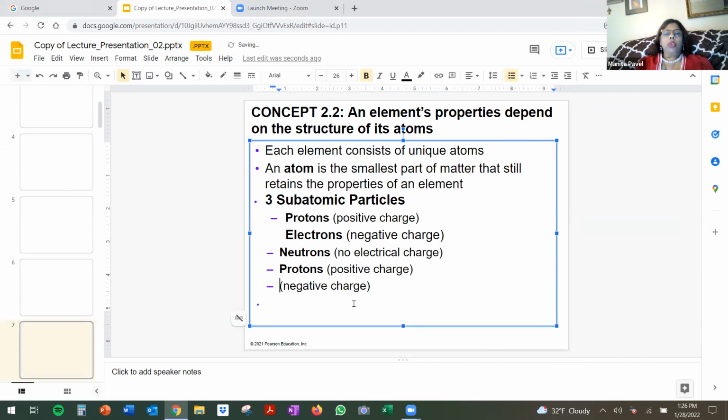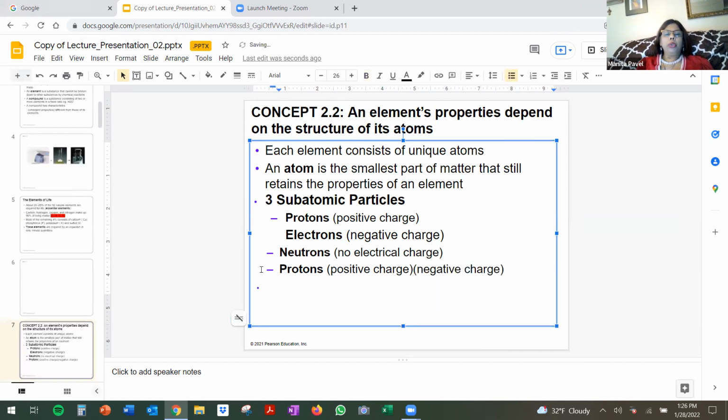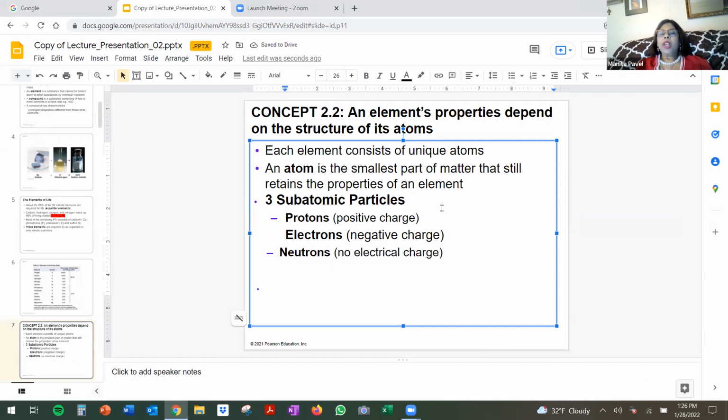I called it proton, electron, and neutron because I want to give you this acronym. I always teach with acronyms and code words so that you can remember it. So I'll put it into parentheses here, what I call PEN.